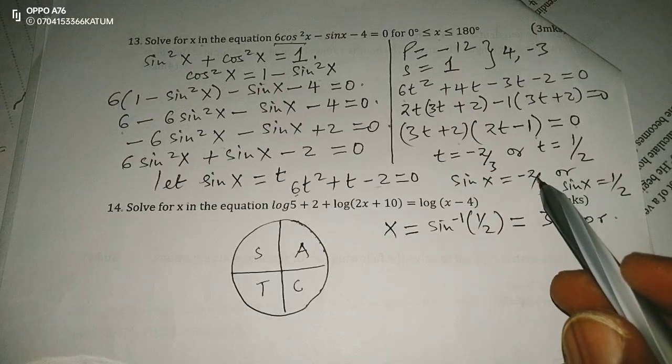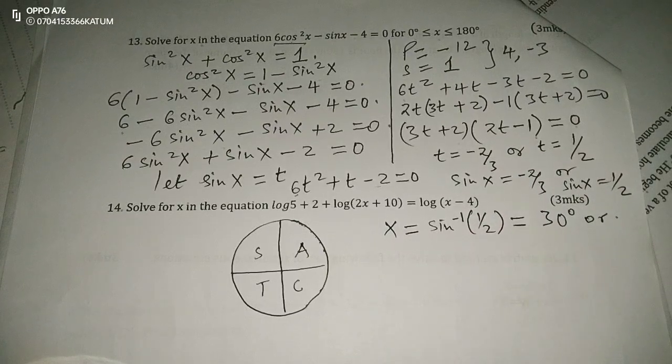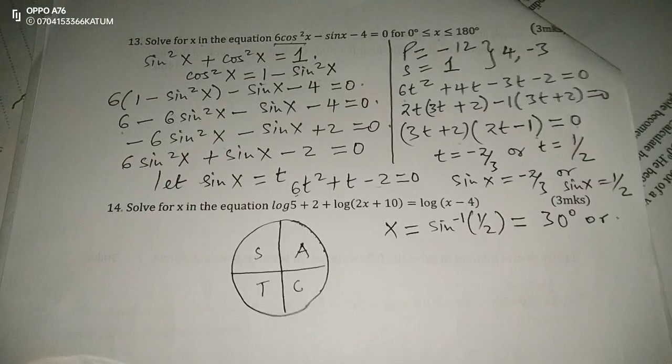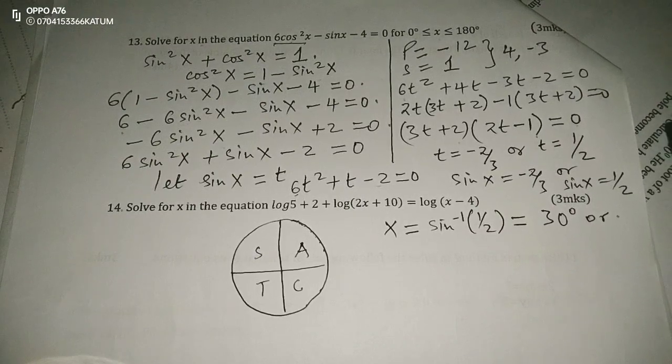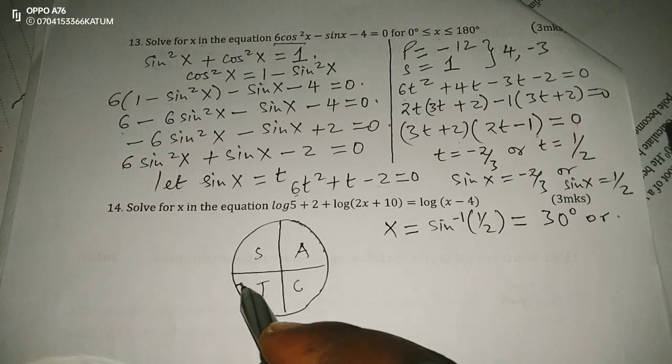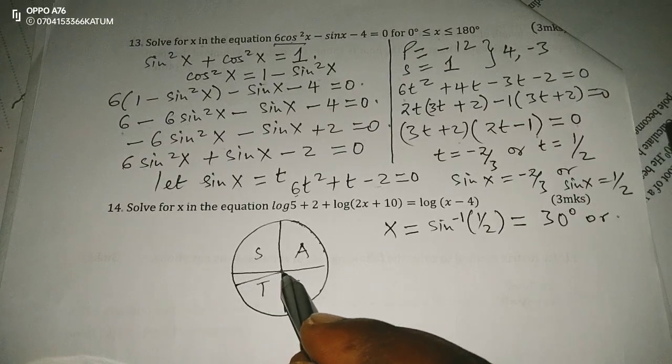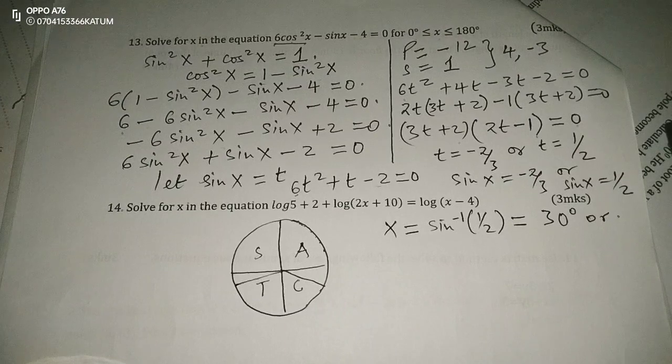Therefore, we need an acute angle. When I take shift sine of 2/3, I'm getting 41.81. But now I need 41.81 in this quadrant and also in this one, in those two quadrants.